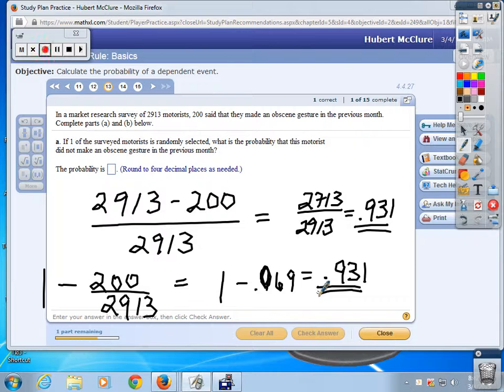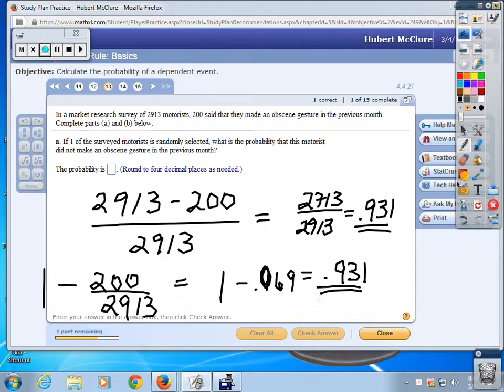So that's two different ways you can get it: by using the complement before you start the problem, or using the complement after the problem. In other words, 1 minus and just take away the 200. However you want to do it, you still get the same answer.